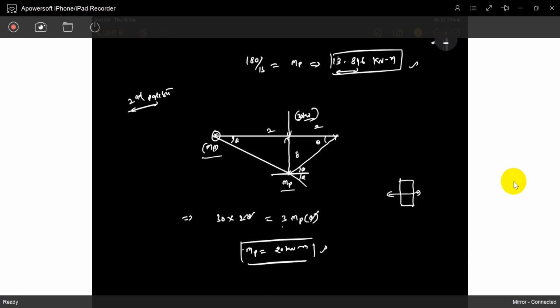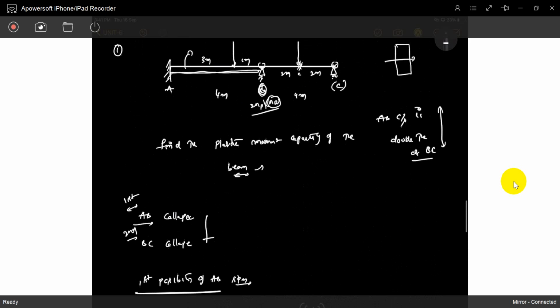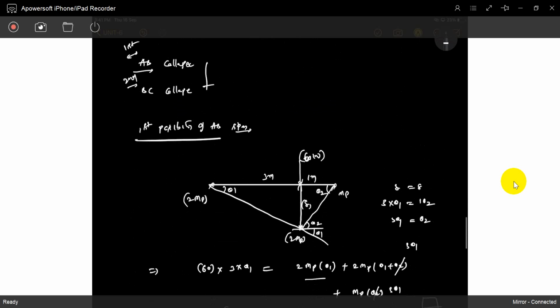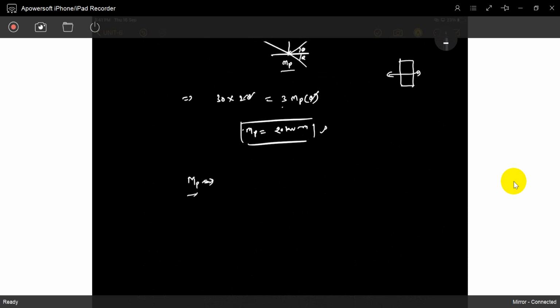If below 20, it is a failure. So now you can fix how much we have to maintain as MP. It is MP for this and 2 MP for this, 2 MP for this. We calculated like 2 MP only. So now you can fix that. What is MP?